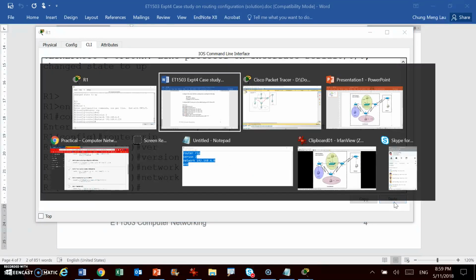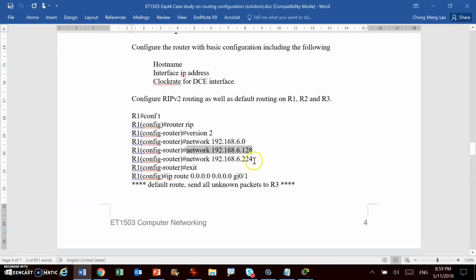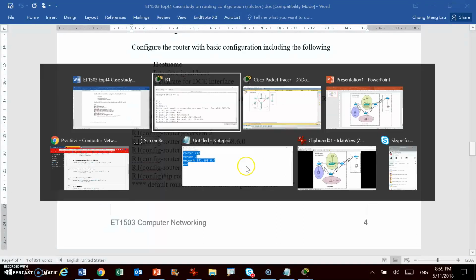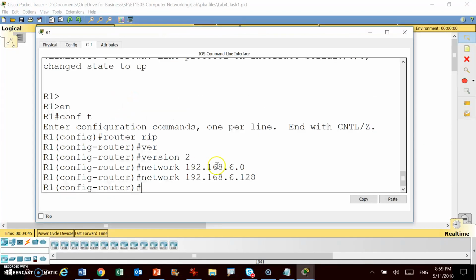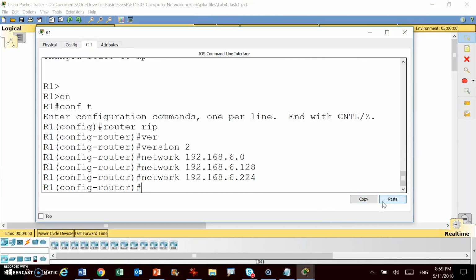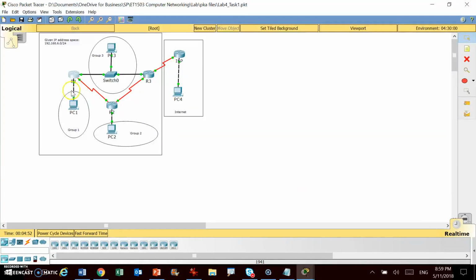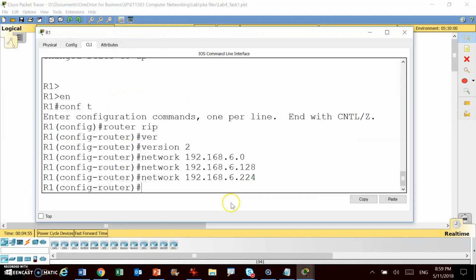The last network will be our serial link network, which is the 192.168.6.224 network. This is the next network. So now the 3 directly connected networks, I key in the network command for router RIP.